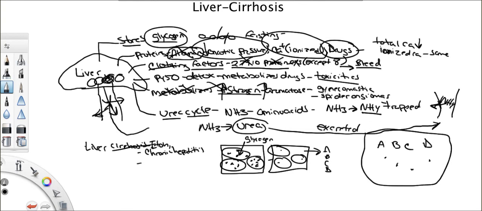That's why they have gynecomastia, because of increased estrogen. Spider angiomas are the small, vessel-like shaped things on the patient's chest. What are they? Blood vessels, right? Why are they so prominent? Because what does estrogen do? It vasodilates. That's why they become more prominent and you can see them.